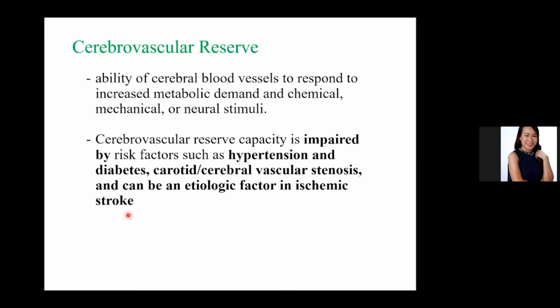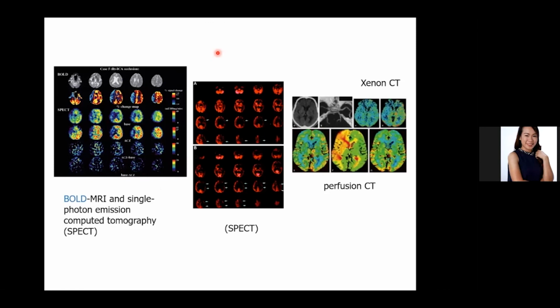This will reflect our cerebrovascular reserve. So when there is an increase in oxygen demand, there is an augmentation that is being given, and this is now your cerebrovascular reserve. This picture shows us, class, PET scan, SPECT, and CT perfusion to areas before and after the use of Diamox challenge or your acetazolamide.